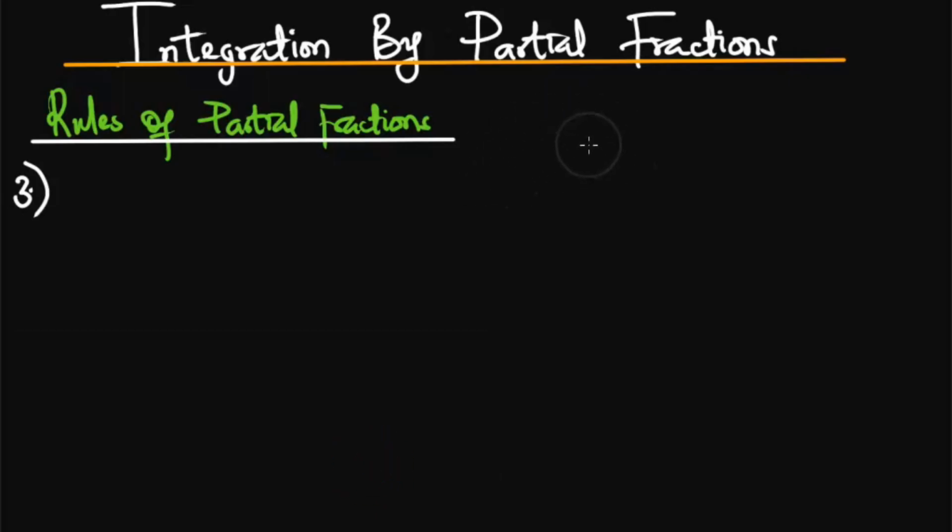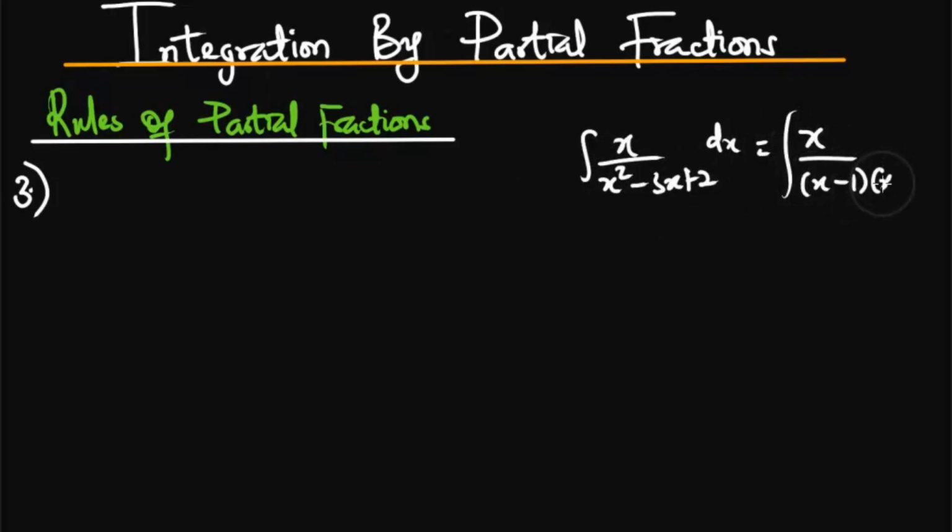So using the example integral x over x squared minus 3x plus 2 dx, rewriting this, simplifying by factorizing the denominator, we have x over x minus 1, x minus 2, right? Now these are the factors of what? x squared minus 3x plus 2.